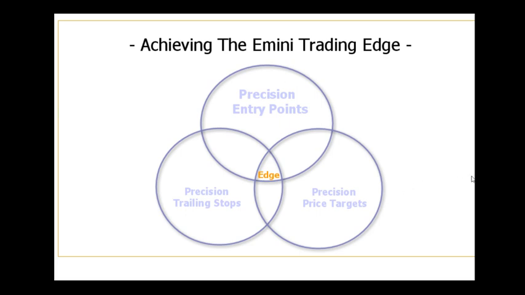All right, so what we're trying to do here to get the edge, see, the futures market, the stock market, all the markets are basically just a big casino, electronic casino, right? And the difference is we can use systematic principles and algos and systems and technology like that to skew the odds in our favor, right?